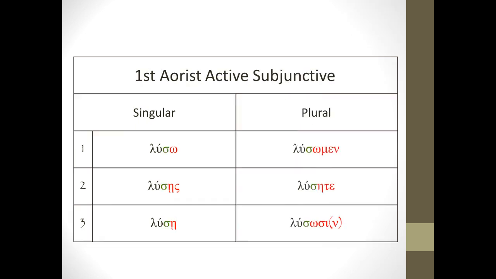They are the same ones that you have in the first aorist active subjunctive: o, ace, a, omen, eta, osin. The only difference between the present active subjunctive and the first aorist active subjunctive is your sigma suffix. Okay? The sigma suffix makes it luso, luces, luce, lusomen, luceta, lusosin, or lusosi without the movable nu.